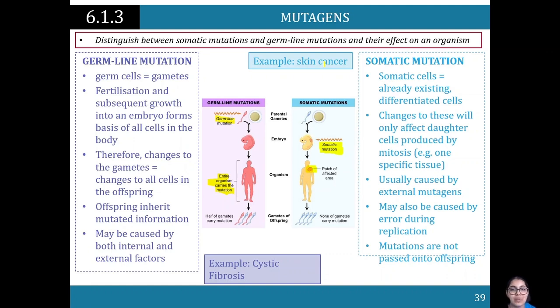But there could be genetic factors that mean the individual may be more susceptible to it, but that's different. They wouldn't have it just because the parent had it. Whereas in germline mutation, the chances of the offspring having the condition are pretty high, depending on whether it's dominant or recessive, because it's passed on through the generation.